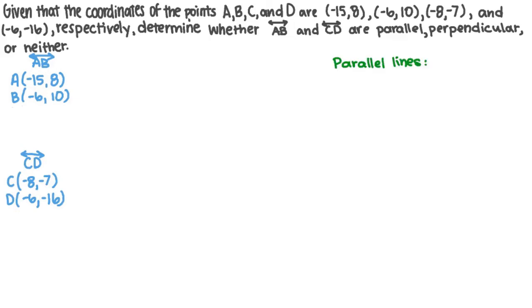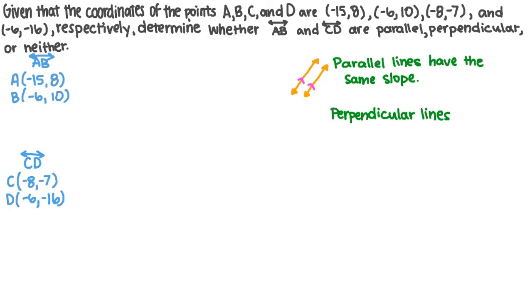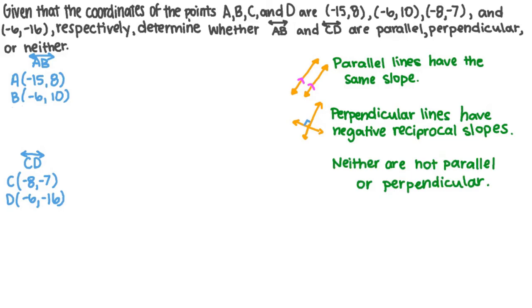To classify the lines, we have to remember parallel lines have the same slope and they do not intersect. Perpendicular lines have negative reciprocal slopes and intersect at a 90-degree angle. And neither are lines that are not parallel or perpendicular, lines that do intersect but do not form a right angle. This means to consider whether or not these lines are parallel or perpendicular, we need to know the slopes of these lines.